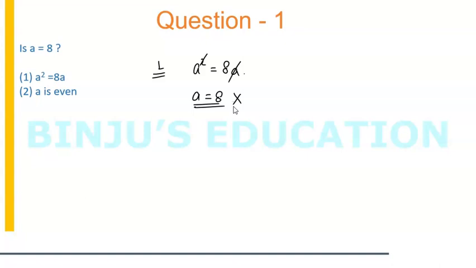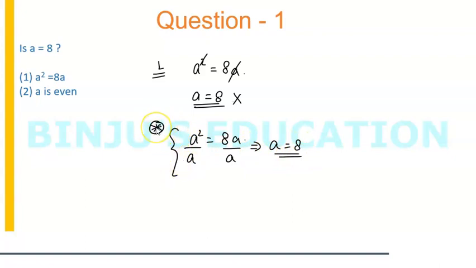If you want to remove the same term on both sides of an equality or inequality, you divide. So if you have A square is equal to 8A and you want to remove A from both sides, you divide both sides by A. This gives you A is equal to 8. But there is a problem.